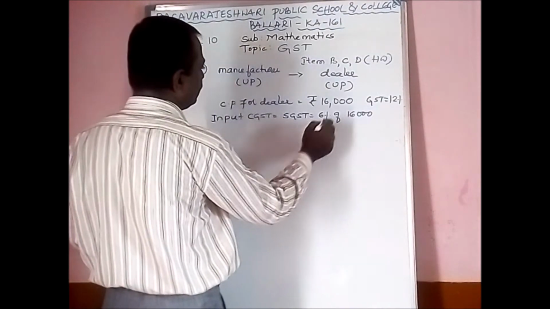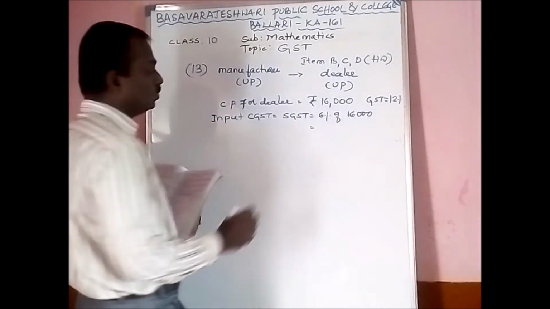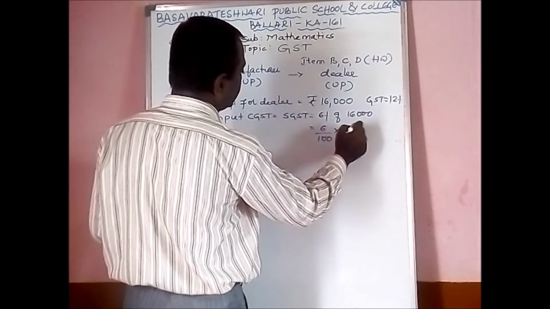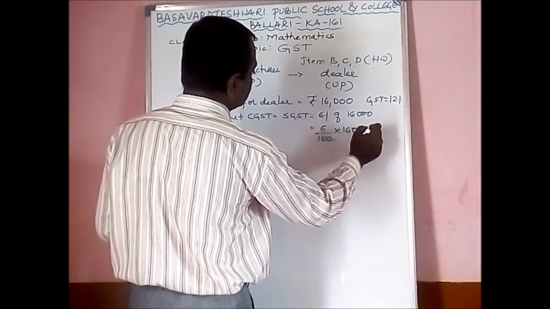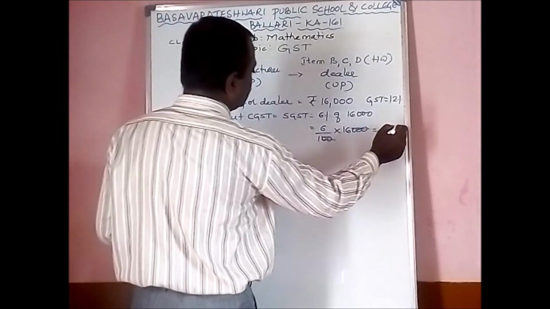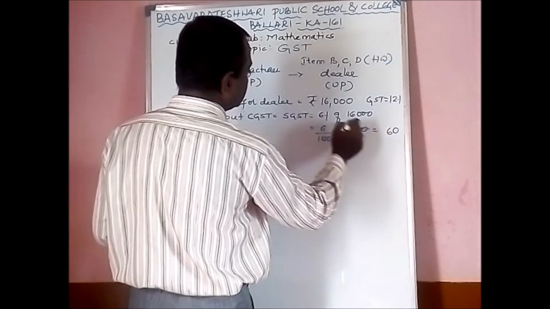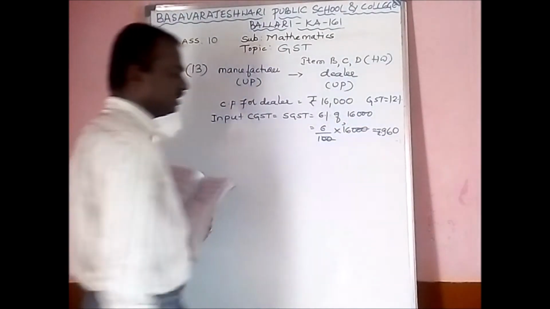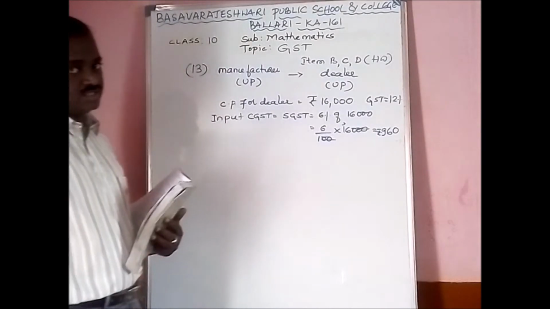Or we can find 12% and then divide by 2, that is also okay. 6 by 100 into 16,000. 2 zeros, 2 zeros. 6 times 6 is 36, plus 6 is 9. 960 rupees CGST, 960 rupees SGST.